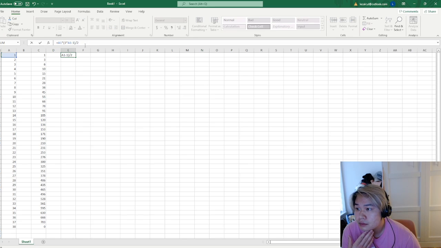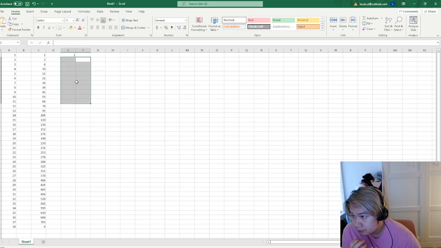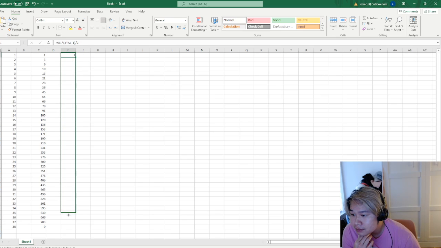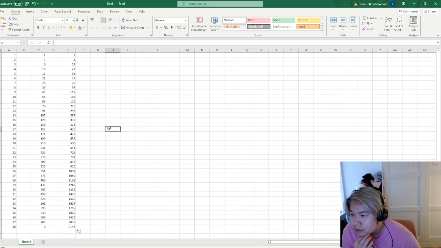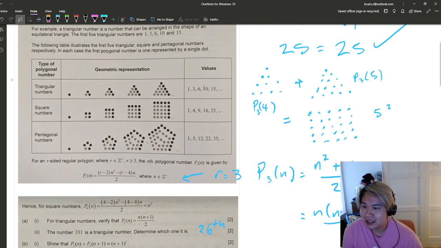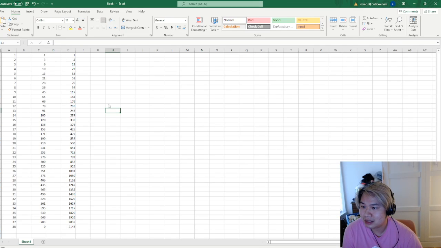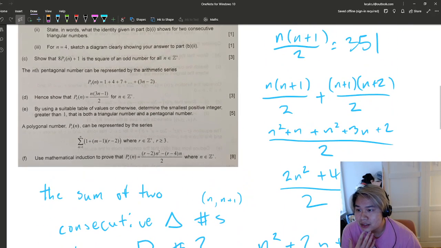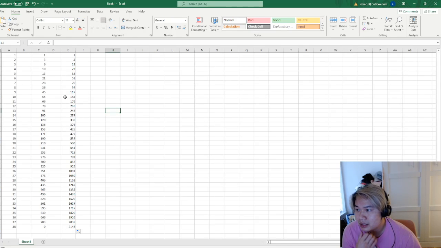Okay, and then fill this out. So first, let me just double check if this actually gave me the right numbers. I should have 1, 3, 6, 10, 15. Yeah, that looks good. And then 1, 5, 12, 22, 35. Nice. Okay. Anyways, so I'm trying to find out the first value of n that isn't 1 that's both a triangular number and a pentagonal number at the same time.